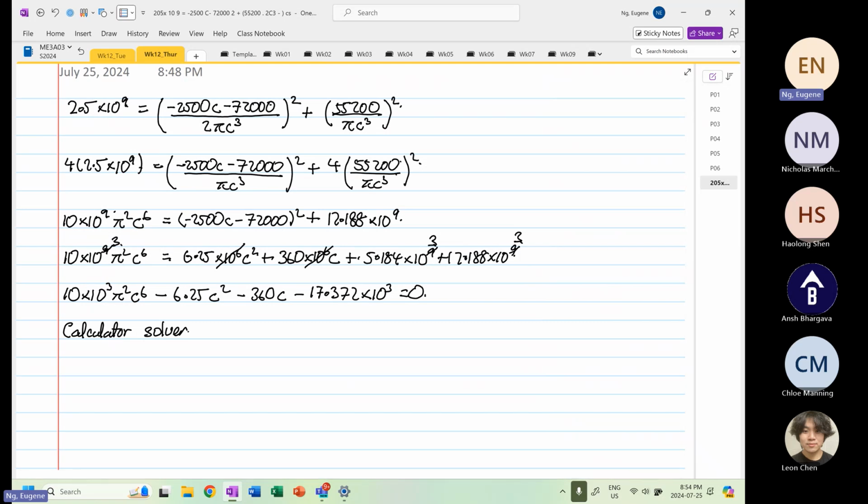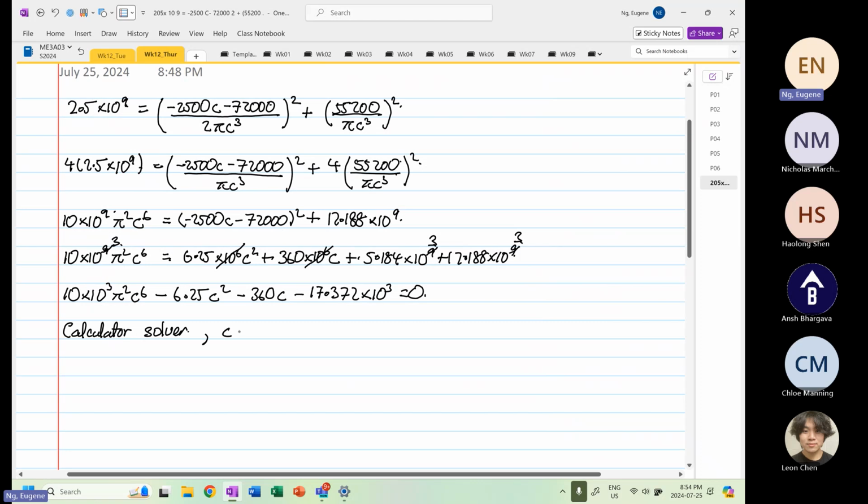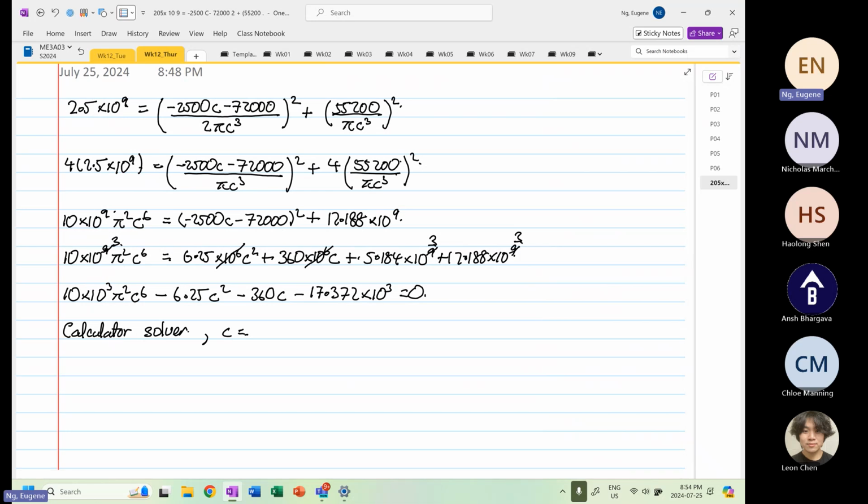And by using the solver, C is equal to, wait, let me check my way. You can use Excel also, but in the exam, there's no Excel. So over here, as I say, I will link you guys to a video on how to solve for this.